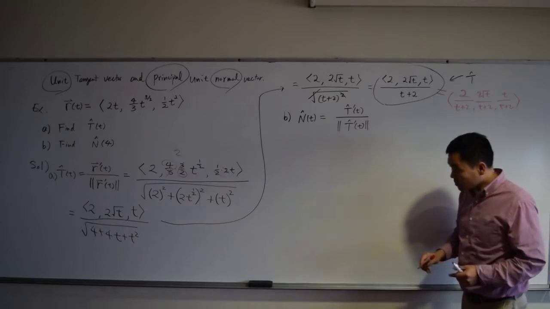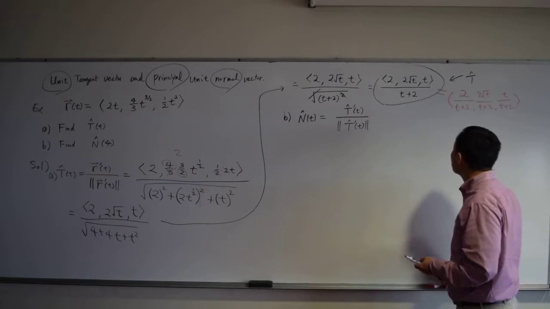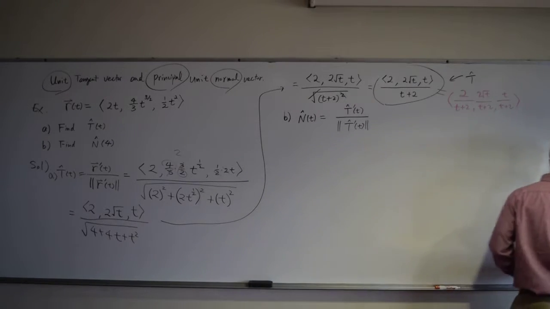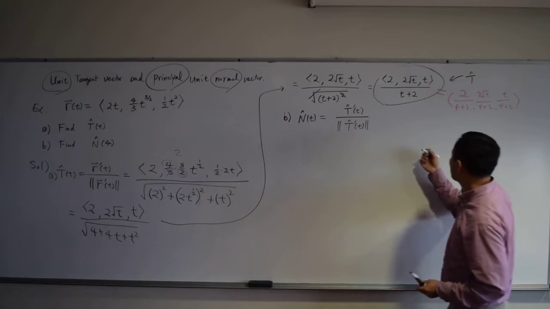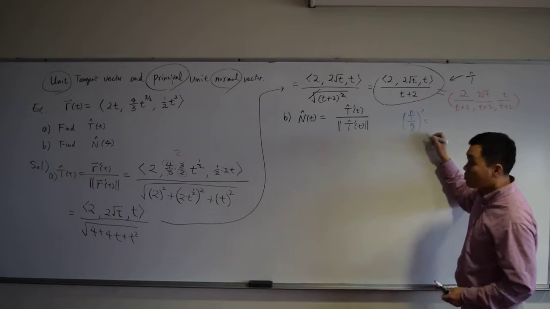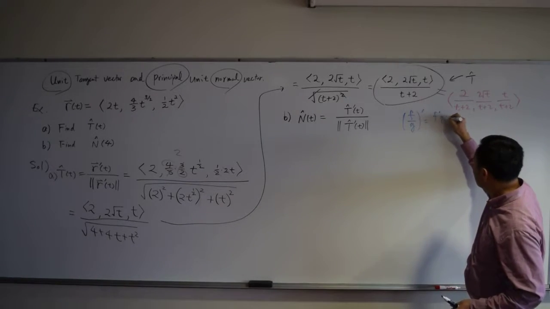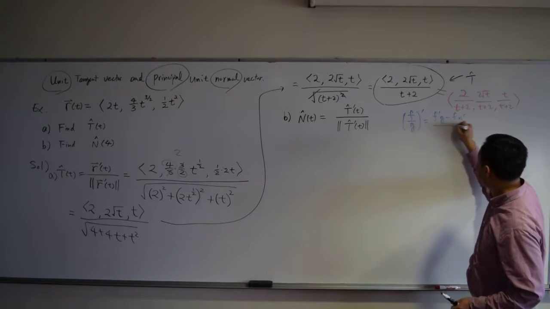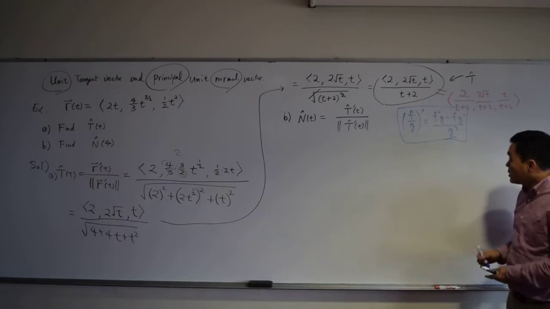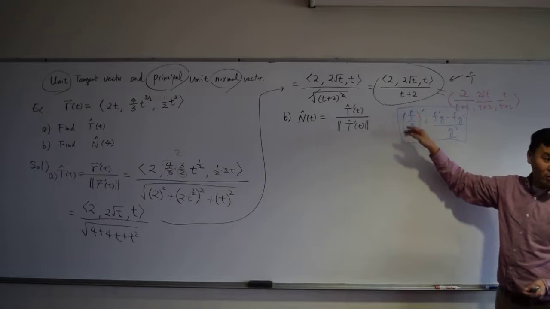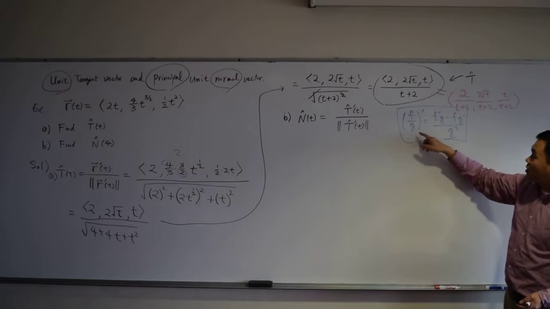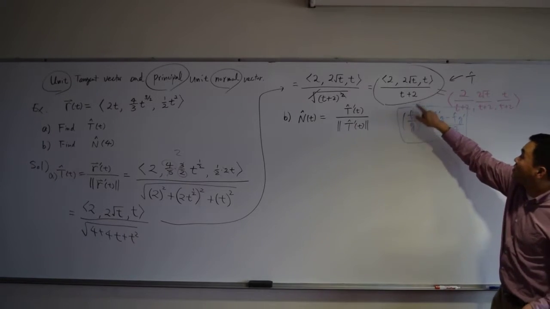So instead of trying to apply the quotient rule 3 different times, here's a slight shortcut. Here's the quotient rule: (f over g) prime is equal to (f prime g minus f g prime) over g squared. That's the quotient rule, right? Now the shortcut is that even though this is primarily for functions of a single variable whose output is a scalar, you can actually take f to be this entire vector.